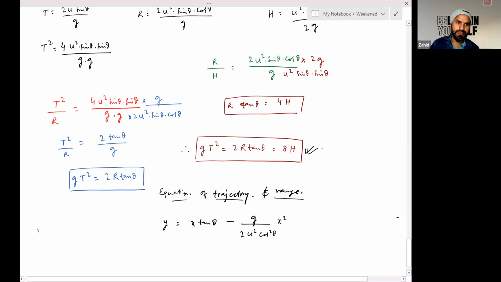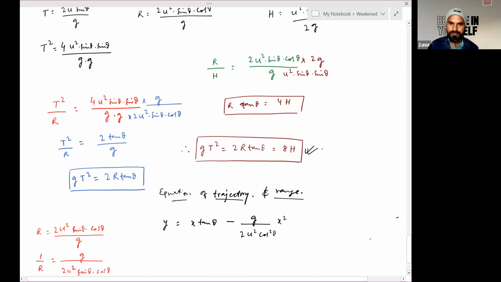We have range equals 2 times u square sine theta into cos theta divided by g. If you take the reciprocal, it will be 1 over R equals g divided by 2 times u square sine theta into cos theta.